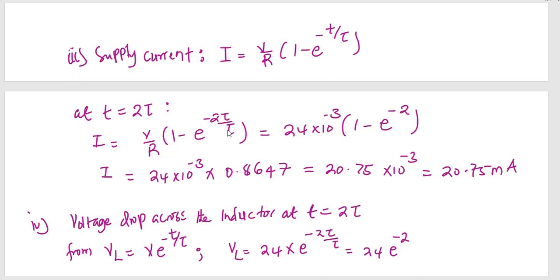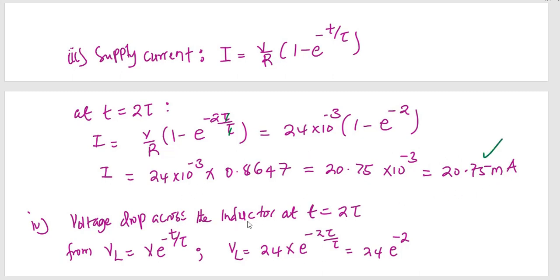The values for V over R will be 24 times 10 to the power negative 3 into 1 minus e to the power negative 2. This value, 1 minus e to the power negative 2, is 0.8647. Multiplying, we get 20.75 milliamps.